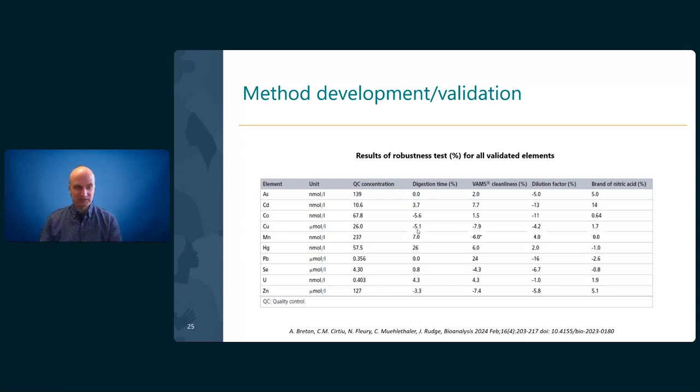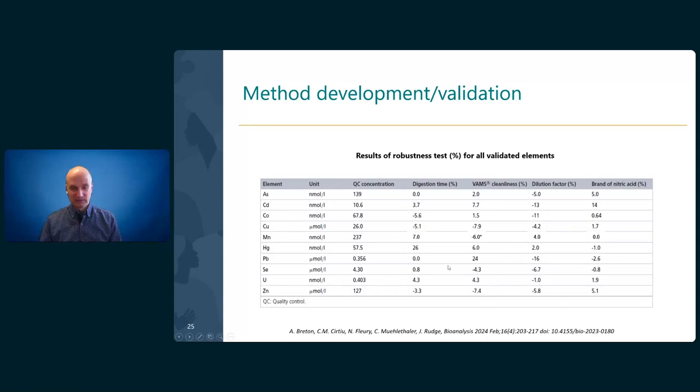We can notice that in some cases, like for cadmium, the dilution factor might have an important impact. So this might affect the results, but again, it's just a deviation from the normal standard protocol we might apply in the laboratory.